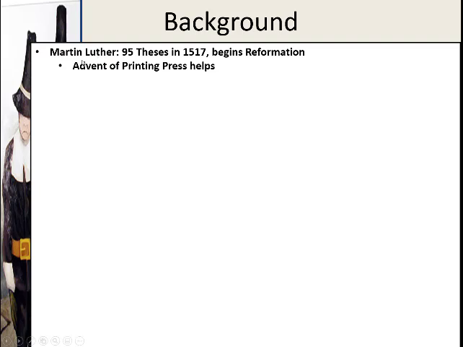These priests have been selling tickets to heaven, which of course is kind of ludicrous, this idea that you could buy a ticket to paradise. Those tickets are being used to pay for the modernization of Rome, meaning they're building a new basilica there, a new cathedral, and that cathedral is going to bring the Catholic Church into the modern Renaissance era.